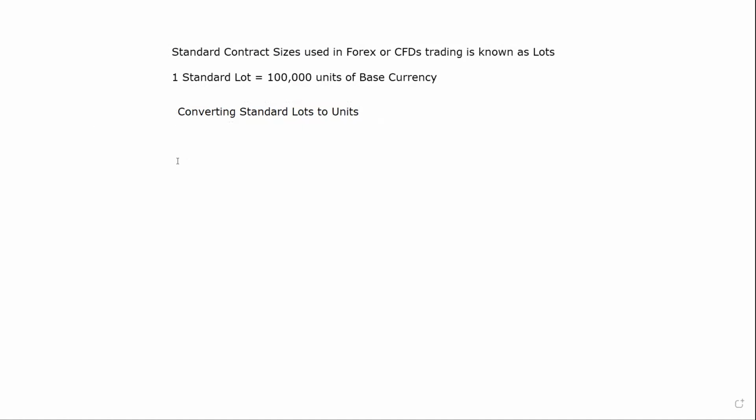By definition, we know that one standard lot is equal to 100,000 units of base currency. Here we have to find out, let's suppose, three standard lots. What kind of formula or calculation do we need to perform to figure out the answer for three standard lots?